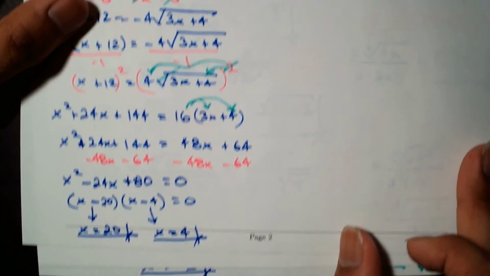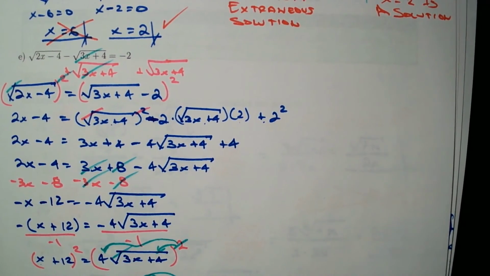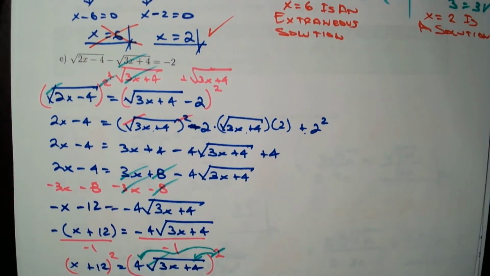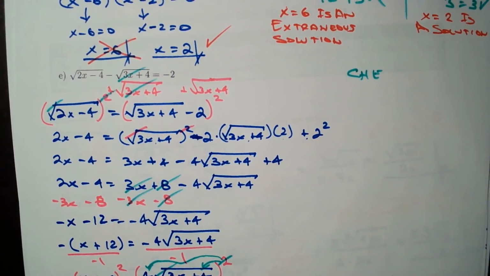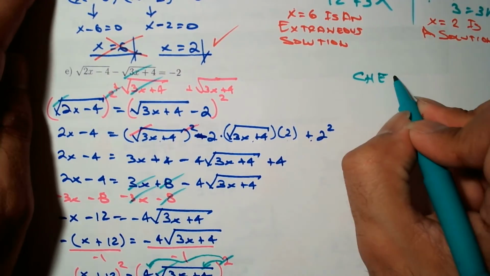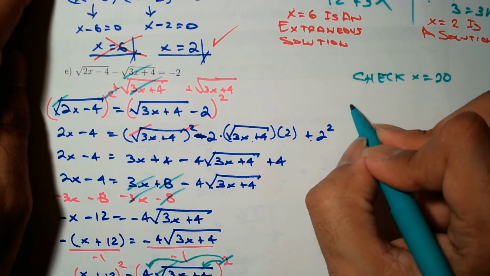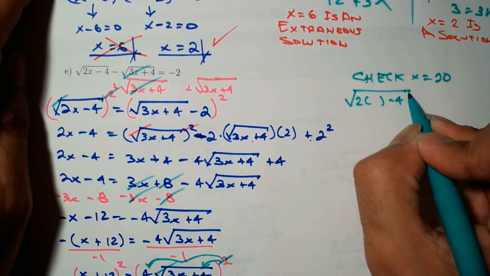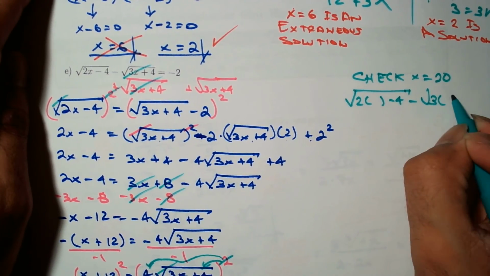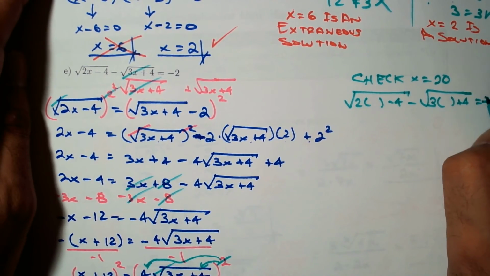So let's see. Again, keep in mind that we have to check. So what I'm going to do here is check x equals 20. The square root of 2 times 20 minus 4 minus the square root of 3 times 20 plus 4, is that equal to negative 2?